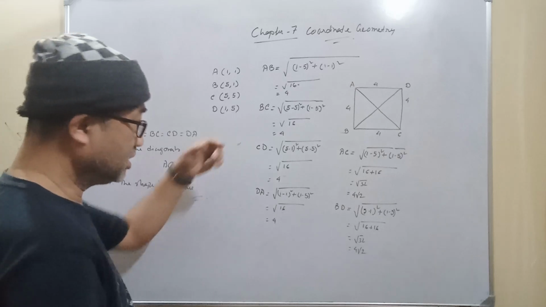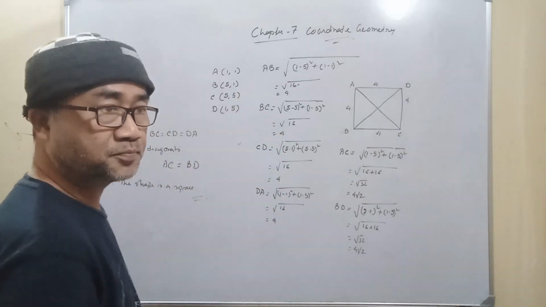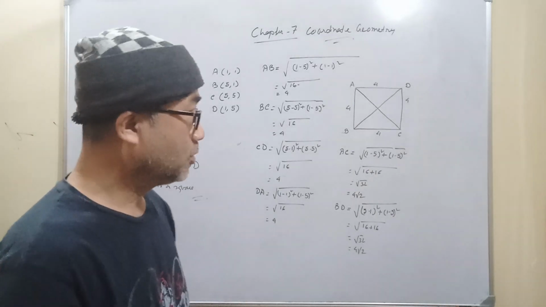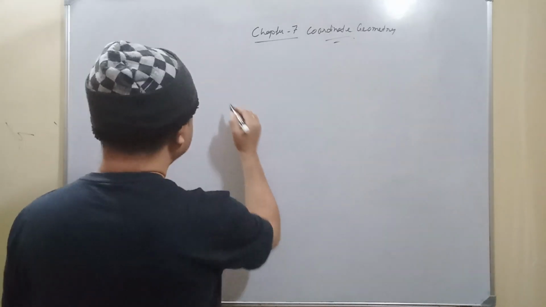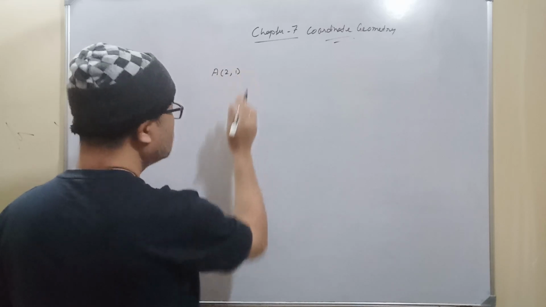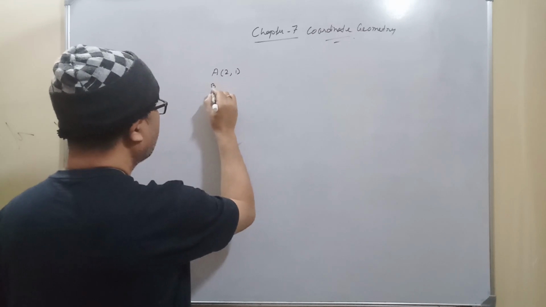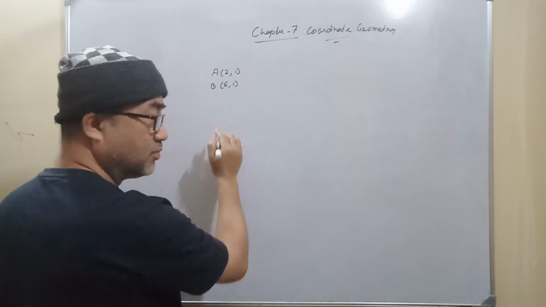Okay. So this is another application of the distance formula. So we have used the distance formula to prove this. We have 3 points, A is 2, 1, B is 6, 1 and C is 4, 5.